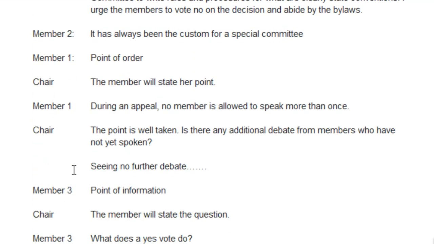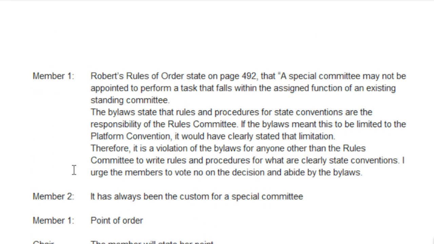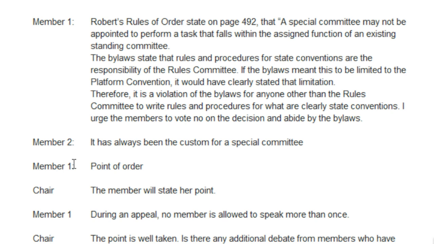Robert's Rules of Order state on page 492 that a special committee may not be appointed to perform a task that falls within the assigned function of an existing standing committee. The bylaws state that rules and procedures for state conventions are the responsibility of the Rules Committee.